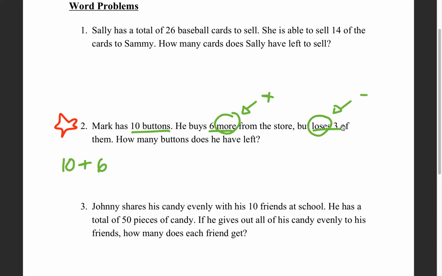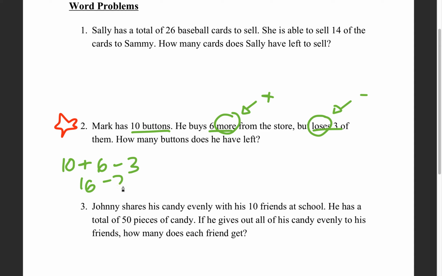Since losing, basically, those things are disappearing or getting away, or you're just losing it, that's going to be subtraction. So this is going to be 10 plus 6 minus 3. And 10 plus 6 is 16. Whoa, that is not a 6.